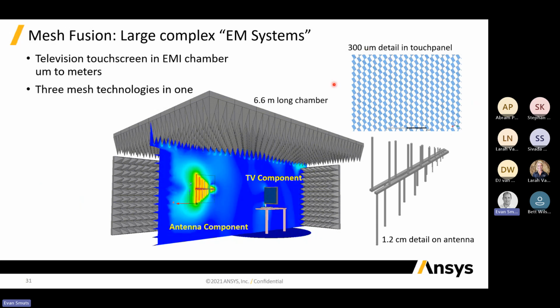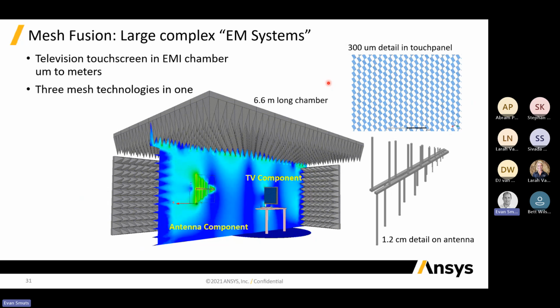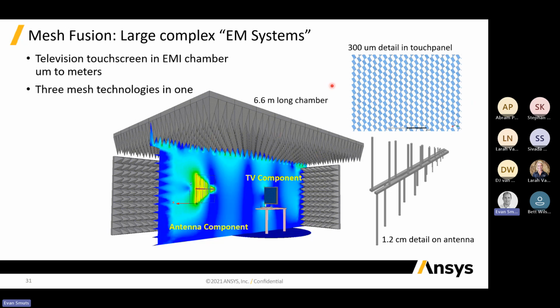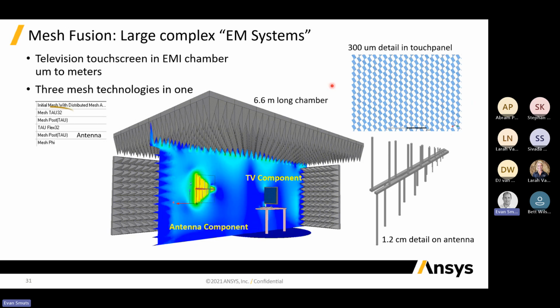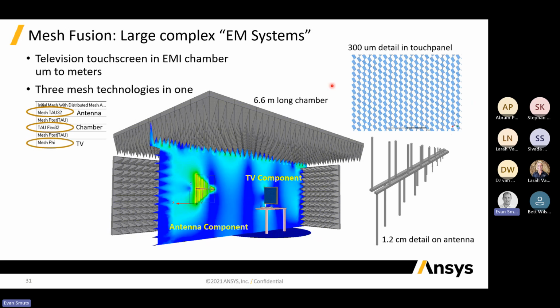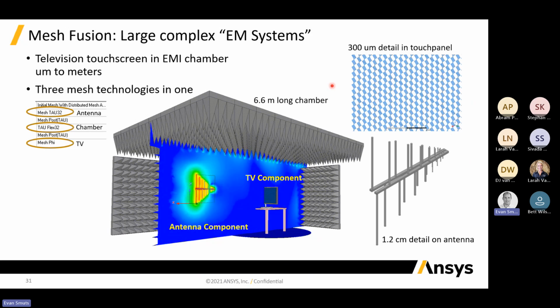In this case, we've got a touch screen with details down to 300 microns that requires a completely different mesh approach to this antenna. And then obviously we've got the larger chamber as well that we need to account for. So we can throw all these different mesh technologies together and use the most appropriate settings for the different components. That way we can achieve really good accuracy, but still get a balance of efficiency as well.